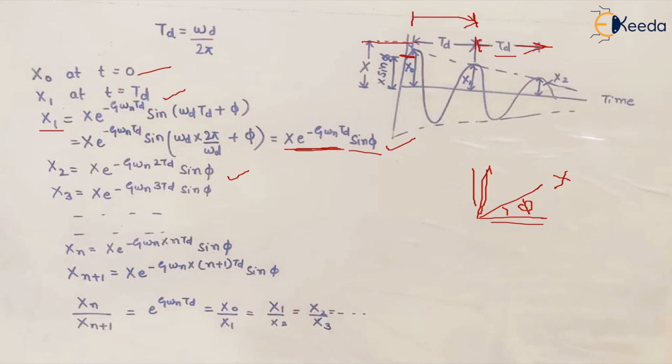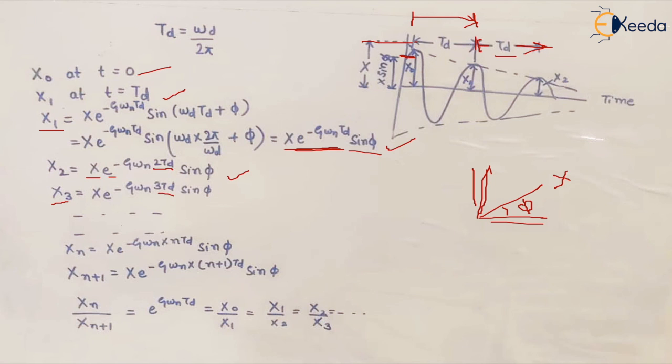So x2 becomes x e raised to the power minus xi omega n 2 td, because the time taken from 0 to 2 is twice td, into sin phi. Similarly x3 will be 3 times td.